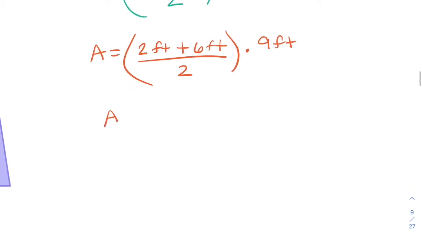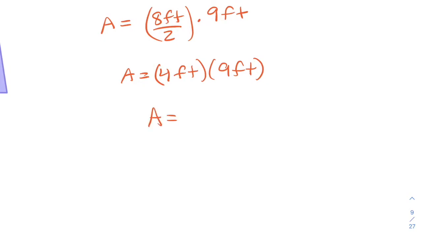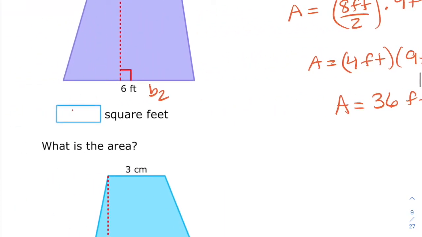So area equals 8 feet divided by 2 times 9 feet. So area equals 4 feet times 9 feet. And area is equal to 9, 18, 27, 36 feet squared. All right, and that's it.